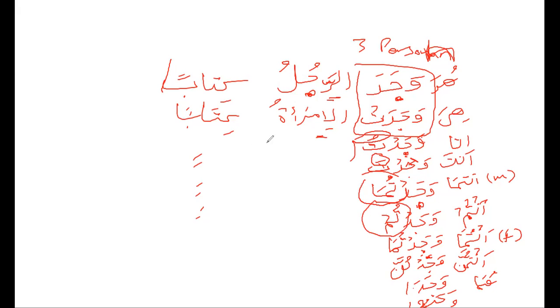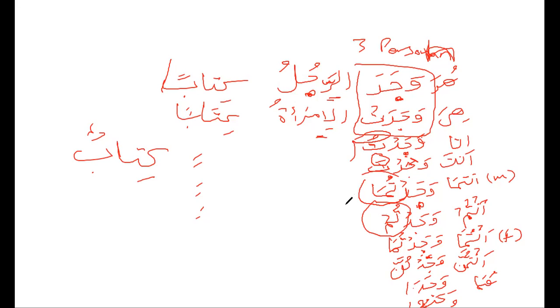What I've seen people do is make a mistake: instead of saying I found a book, they will say wajadtu kitabun. That's wrong, because once the verb is not third person singular, which is wajada or wajadat, then with 100% certainty, the subject is hidden within the verb.